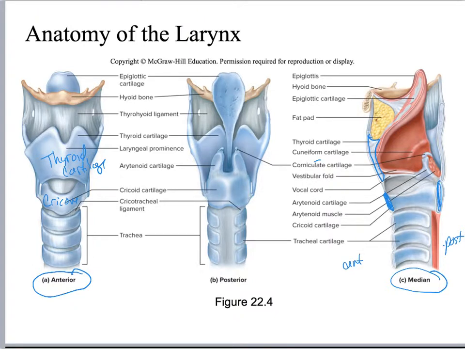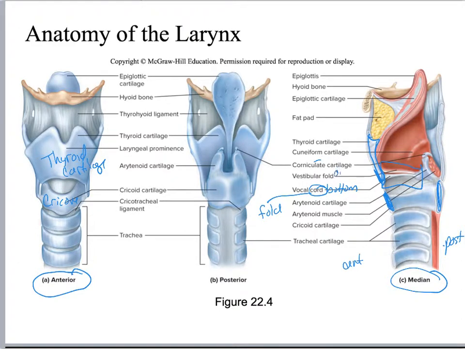Now, notice what the thyroid and cricoid are doing. They are in front of this structure. This is your voice box. The bottom is called the vocal cord. You can change that word out for fold. Vocal fold, vocal cord, both of them are the same thing. It's always on the bottom.